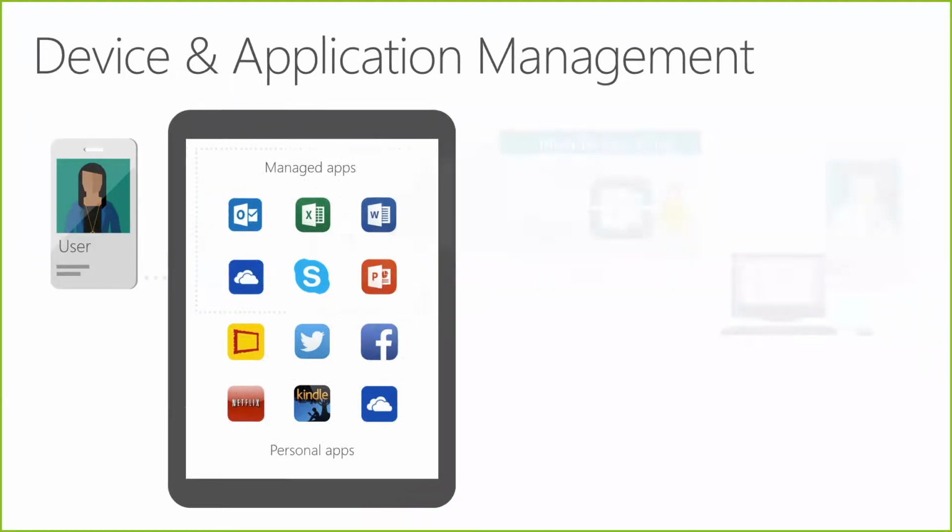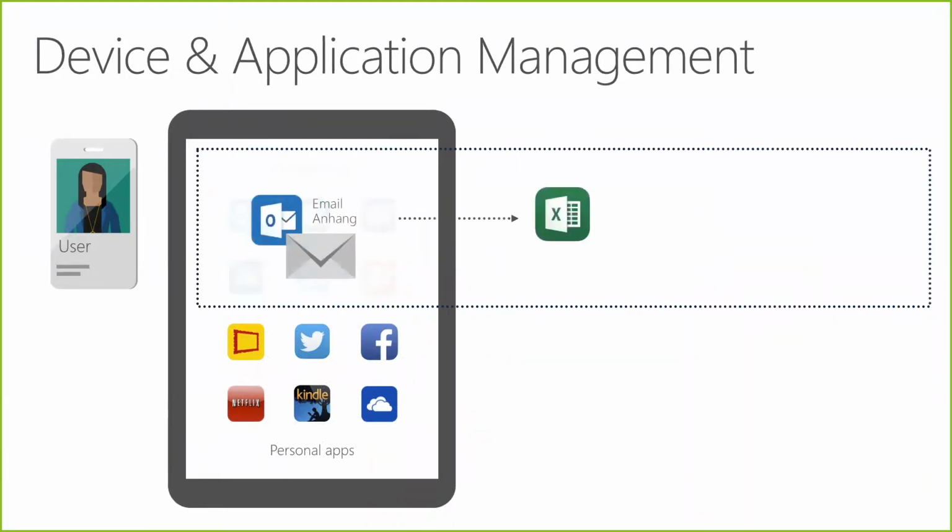But what we can do when we use managed apps is, for example, you get an email with an attachment, which is an Excel file. And you say, oh, that's cool, let's store it to my Dropbox folder. But your company IT set up a rule and says, no, sorry, Dropbox is not a managed app, so you cannot copy this to your private Dropbox account. It won't work on that device.